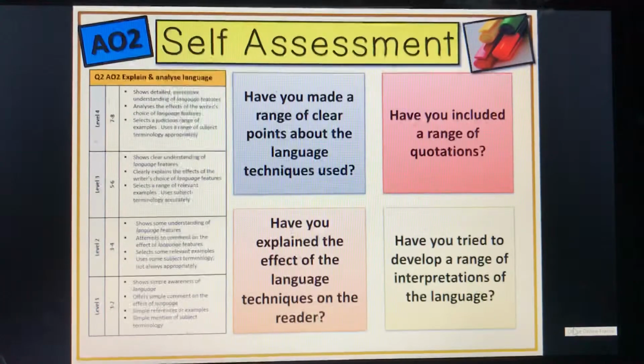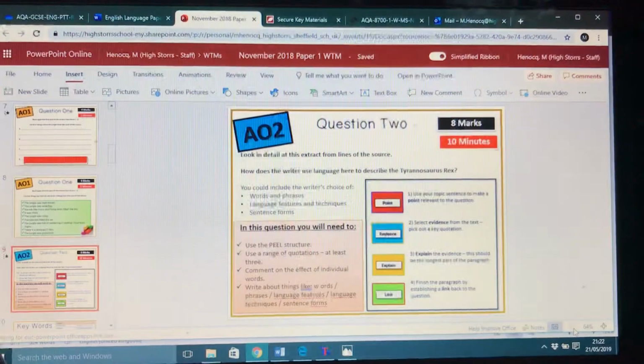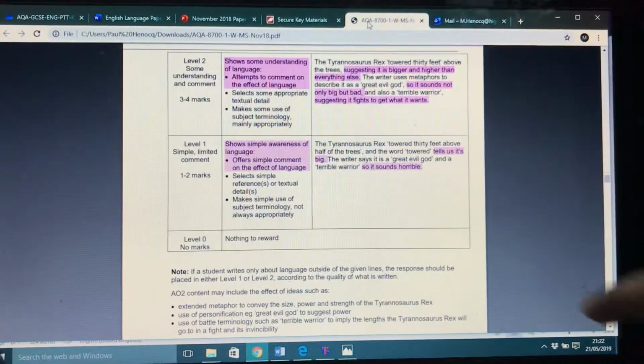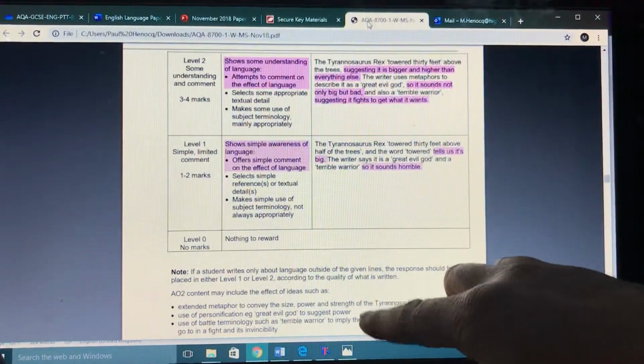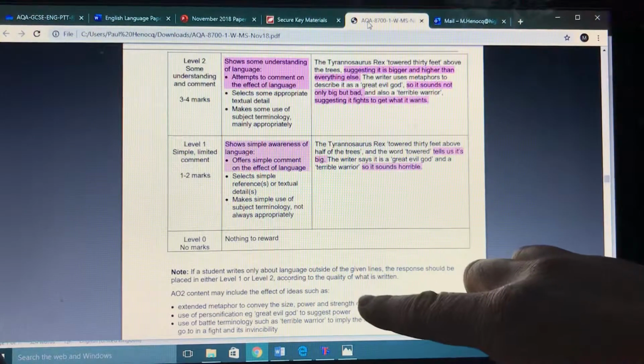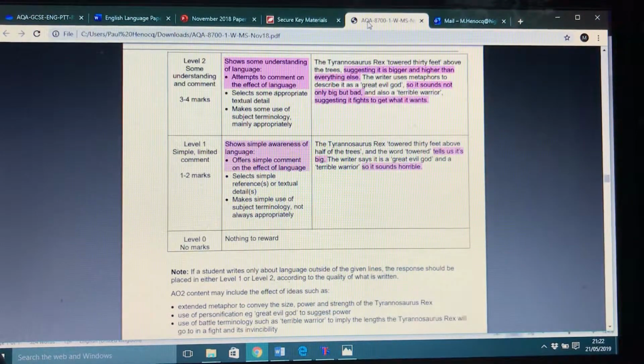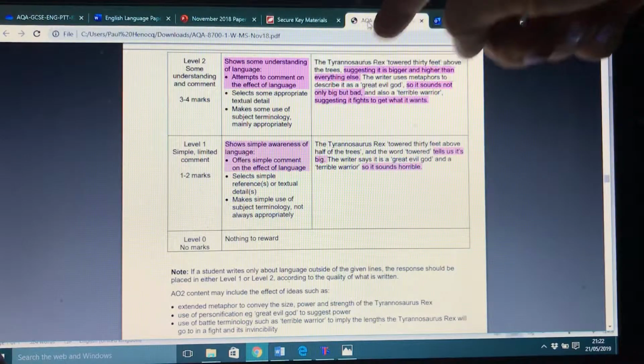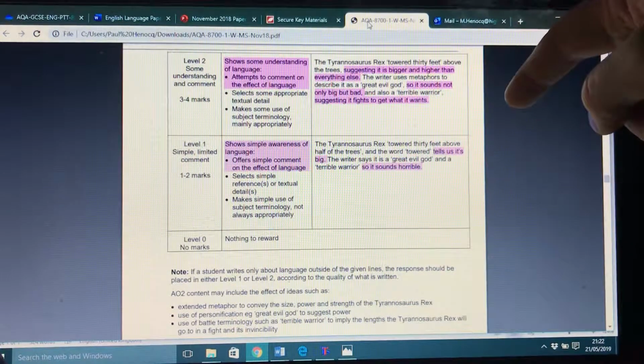Now, what I've got to show you is on their mark scheme. So we're looking at the mark scheme. Spoilers, here are things you could say. We're looking at the bottom of the mark scheme and we're going to work upwards. Look at this: Tyrannosaurus, 'towered' suggests it was bigger and higher than everything else.